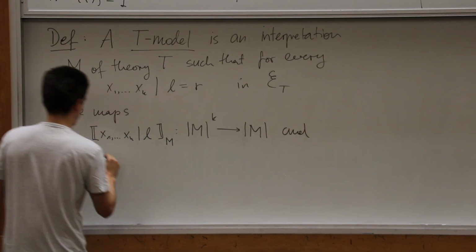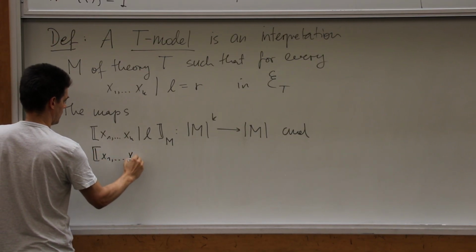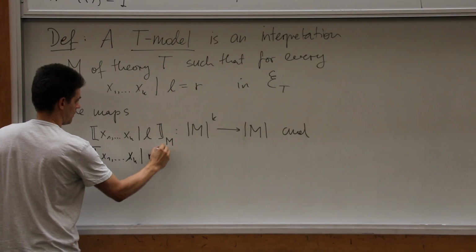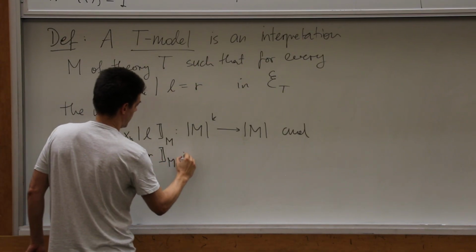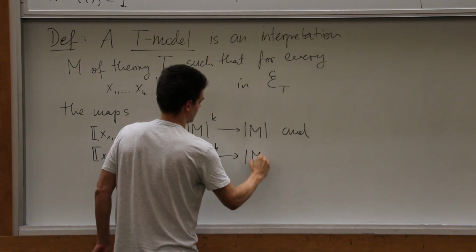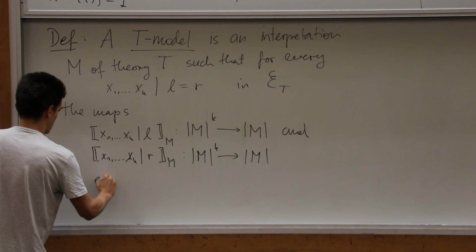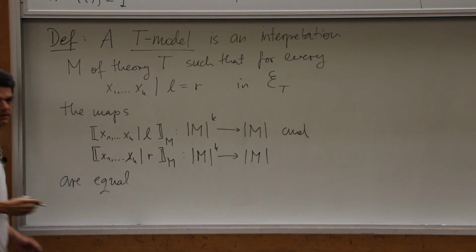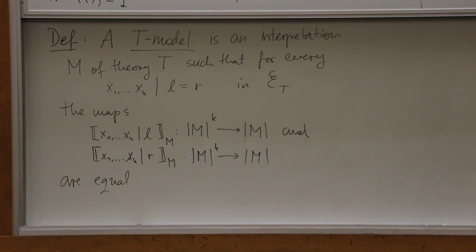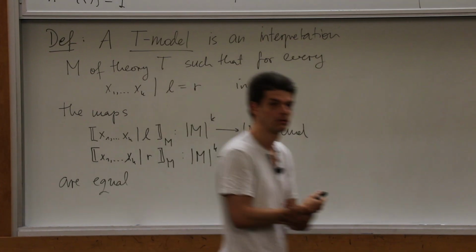And I can do the same thing with the right-hand side. And what does it mean for this equation to be valid? Well, these two maps are equal. The left-hand side and the right-hand side define the same map. That's just what it means that the equation holds. Clear? Any questions?